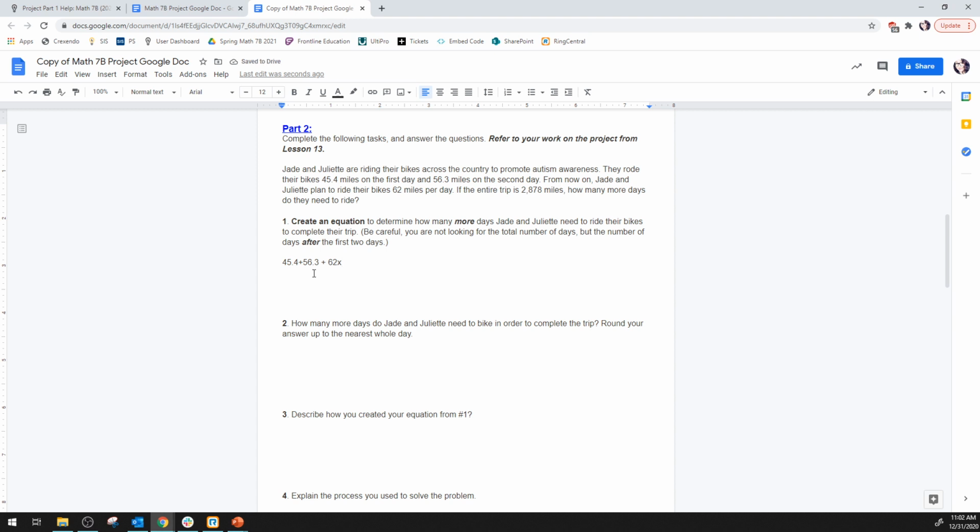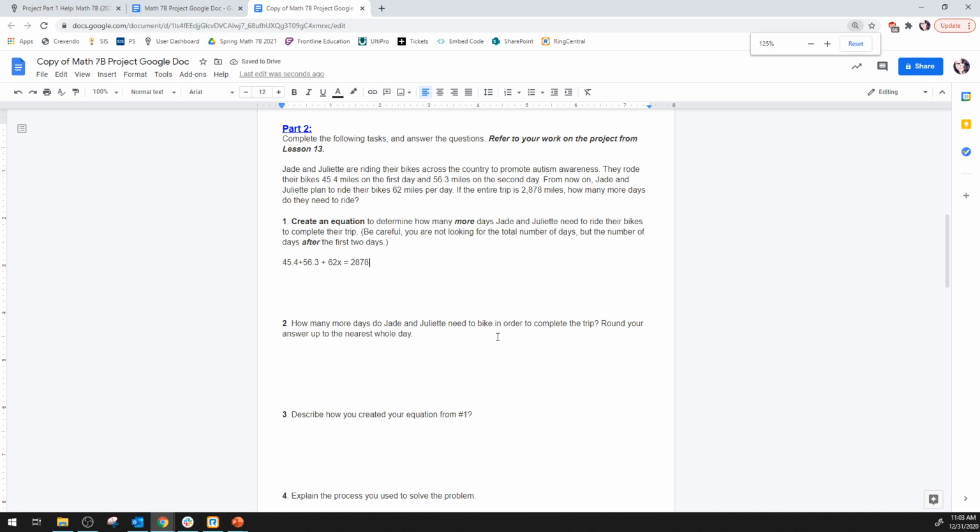My x represents the amount of days that it's going to take them to finish riding their bikes. And remember, it says it is an equation, so I need to have an equal sign. And then what goes on the other side of my equal sign is going to be their total. So the total is how many miles they are going to be biking. And if I look here, I see that 2,878 total miles. That's their entire trip. So that's going to be my total. That's what I'm going to put on this side over here.